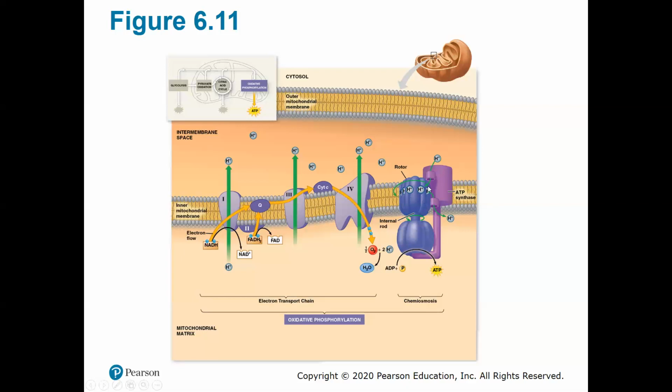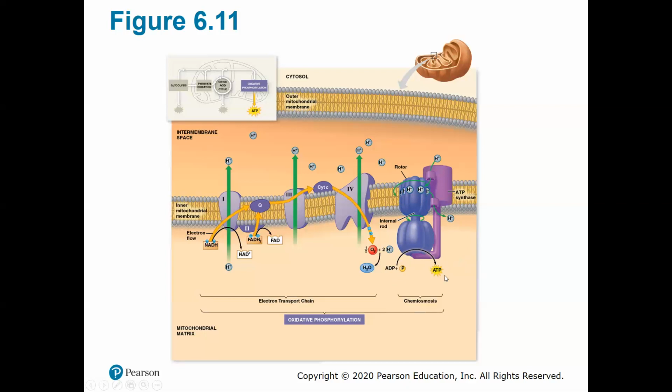As it turns this protein and comes back out the other side, it's going to cause it to create ATP by binding ADP and phosphorus. And so ATP will be created.